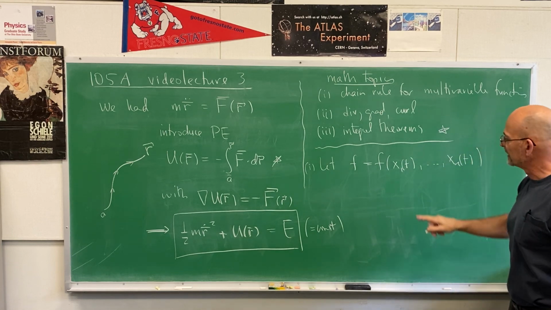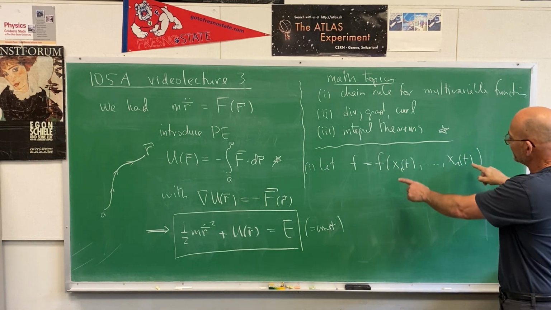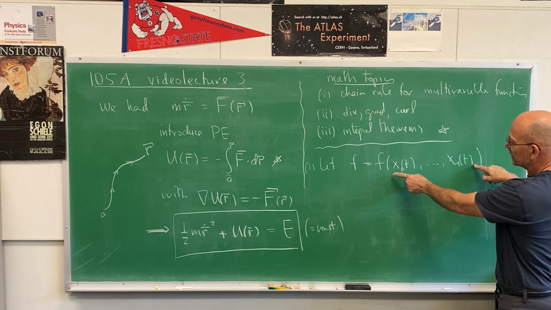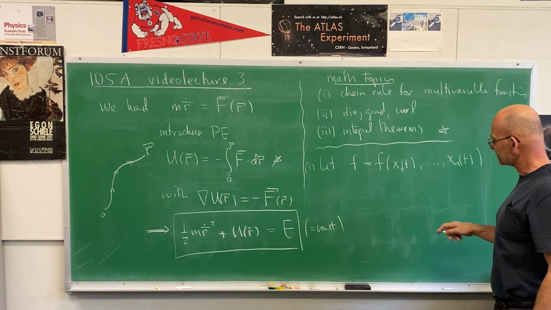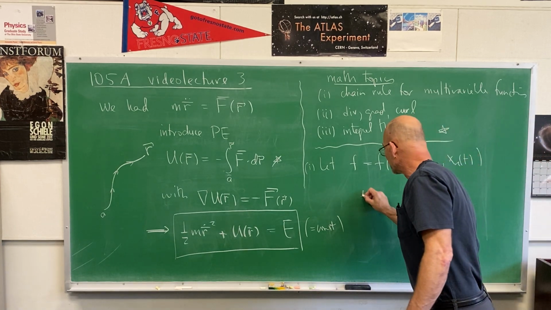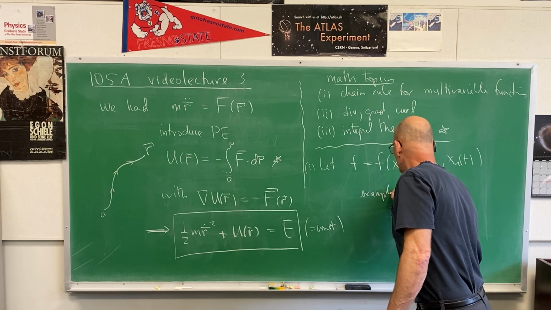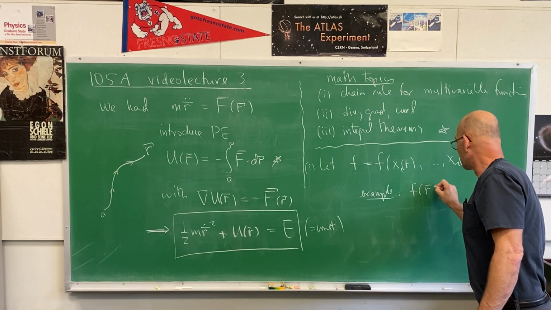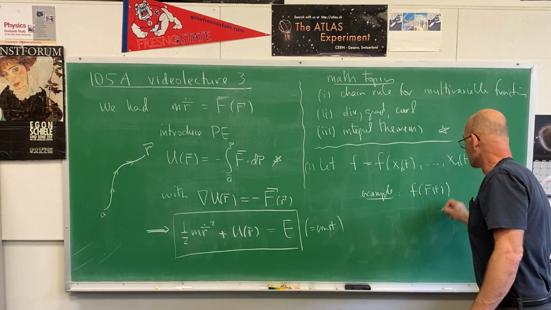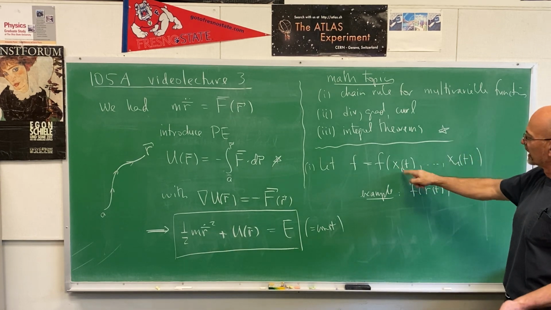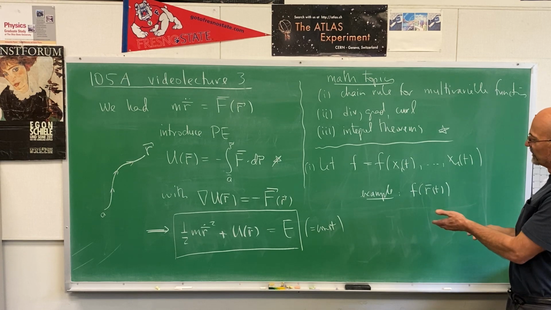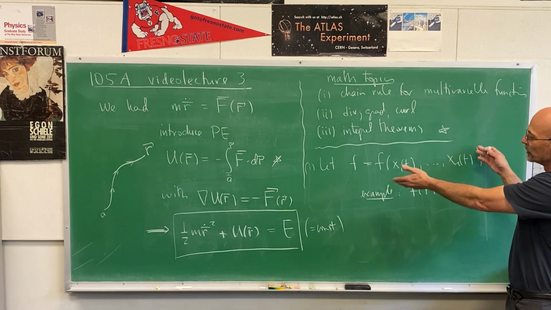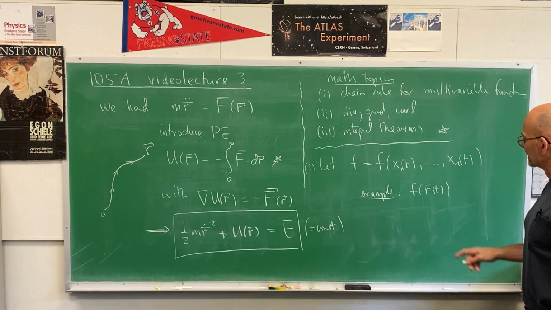This is just a scalar function, and this is the vector valued argument here. An example is f of r of t, where we would have x, y, z, or x1, x2, x3. But everything we're doing holds for more variables as well.